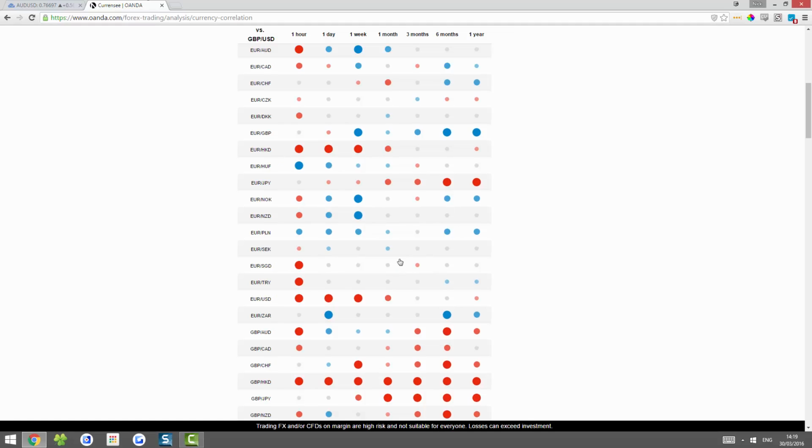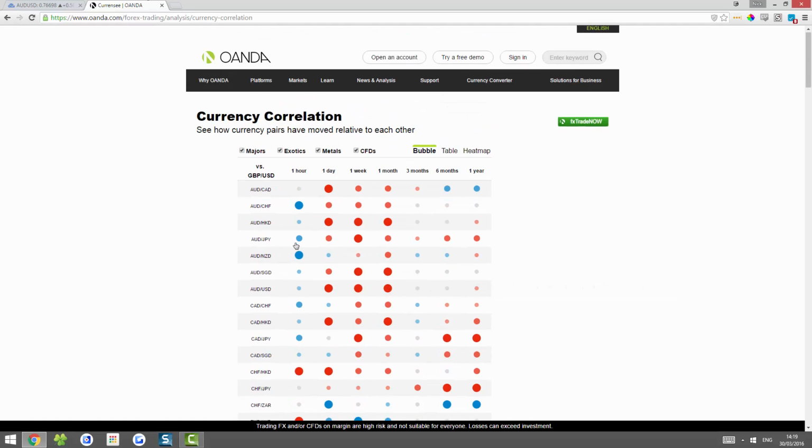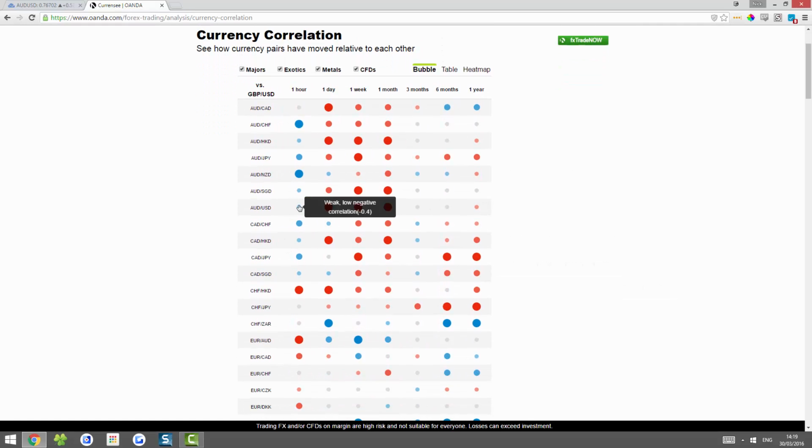And again, this is probably correlated. Weak low negative, but that's just over the course of an hour. Very strong positive over the course of a day and a week, etc. And a 12-hour chart trade, you're going to be holding it for a while. So these ones apply more to the 1 day, 1 week, 1 month.